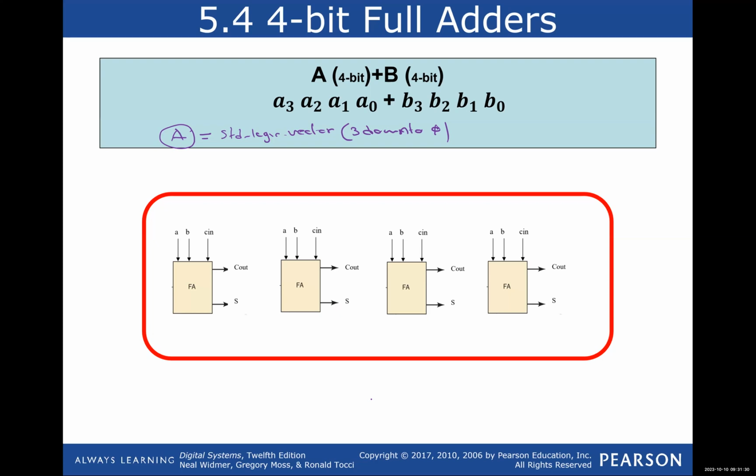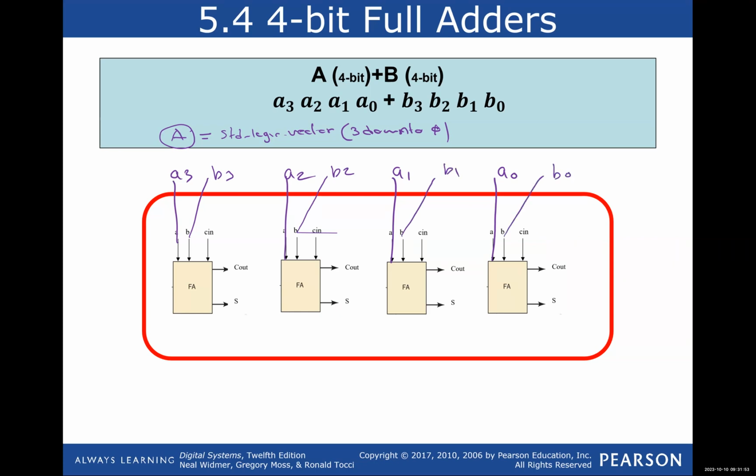So this is telling me that if I want to design a 4-bit full adder, I'm going to have A3, A2, A1, A0. Think of these as your switches. You have 4 switches for the A, and then you have B3, B2, B1, B0.